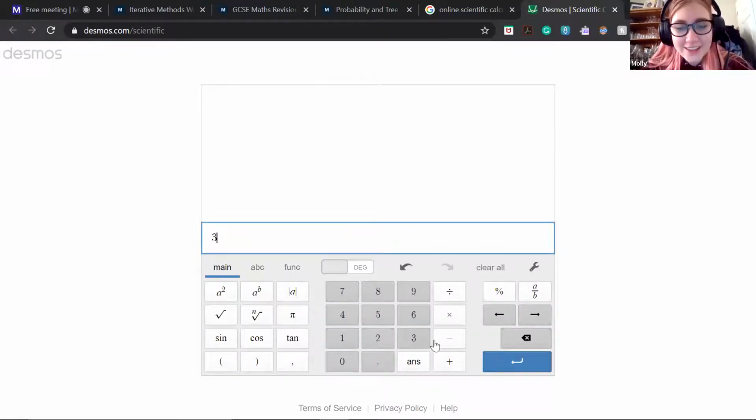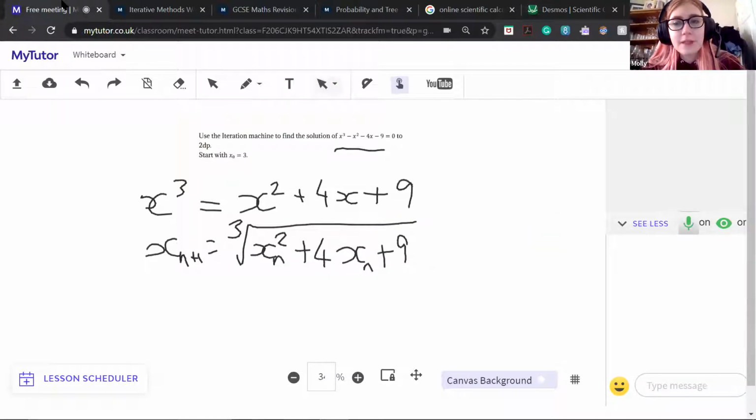So we do 3 equals, and that stores that in answer. And then we do the cube root of this thing: whatever the answer is squared, plus 4 times the answer, plus 9.